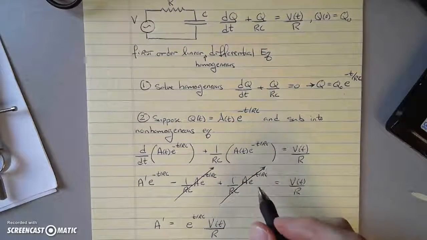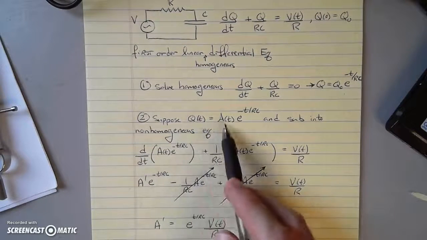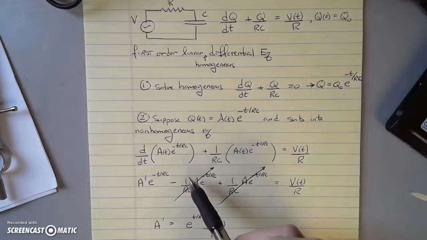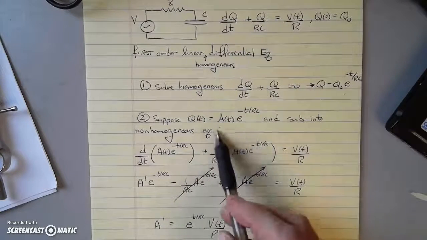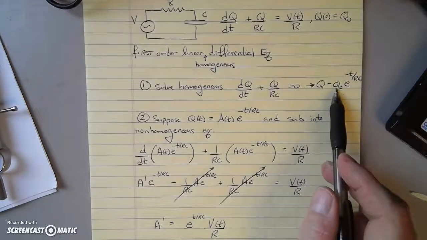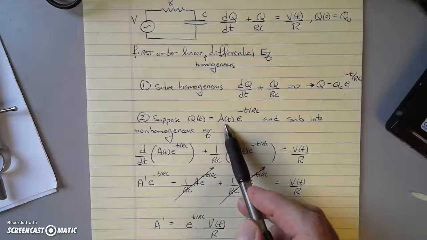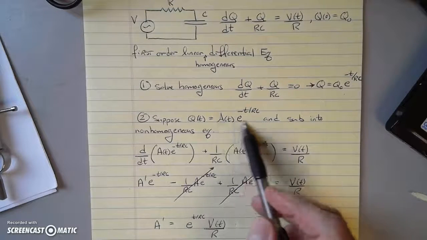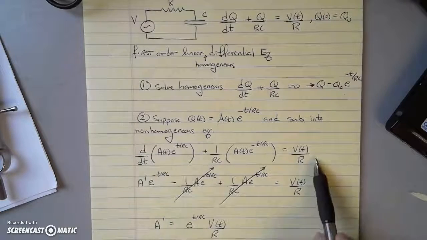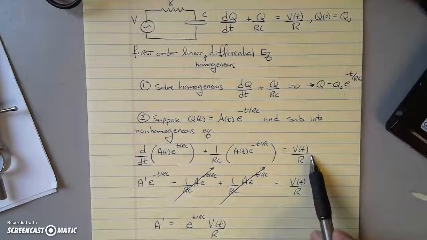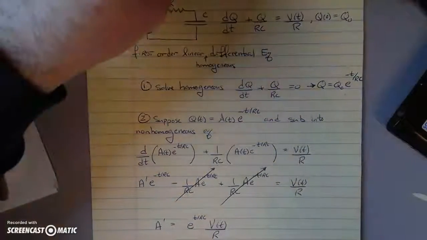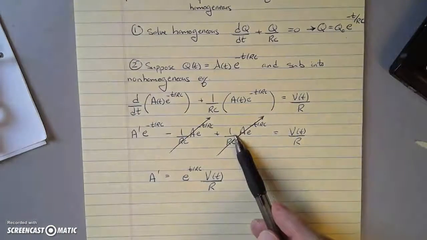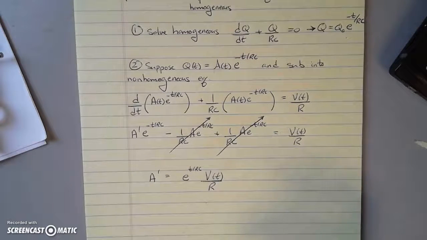And so the method we're learning is to suppose for the non-homogeneous equation, the original one, that instead of a constant, we have some unknown function times our homogeneous solution. So we take this product and we plug it into our non-homogeneous equation, do a little bit of calculus, get some cancellations, and then we have this problem.